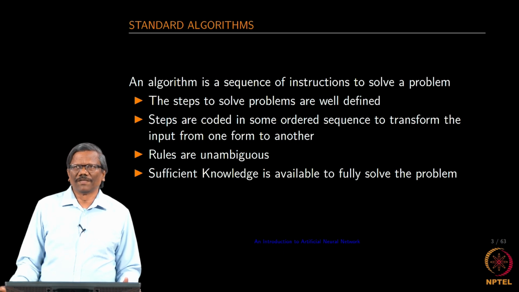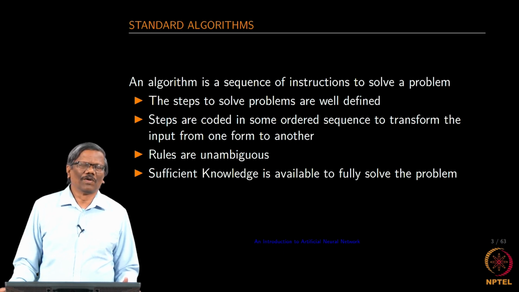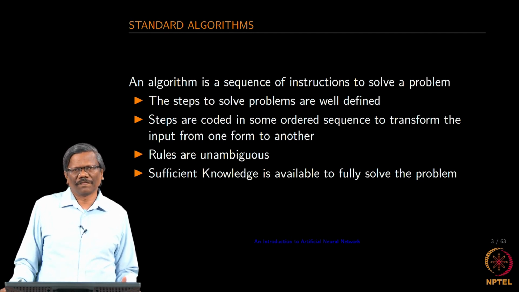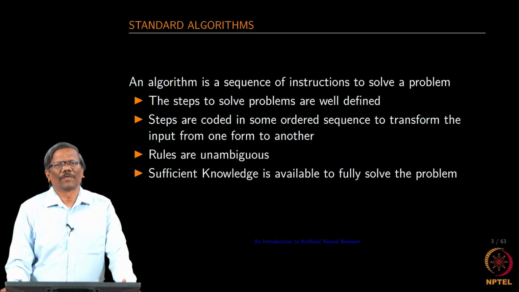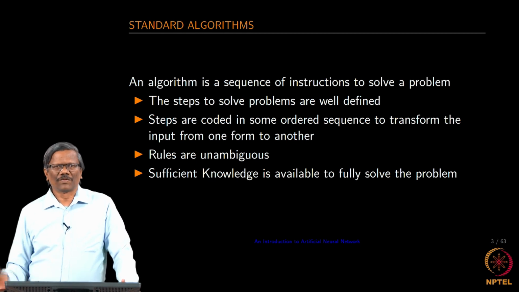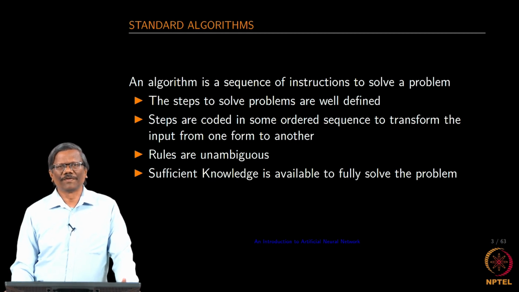So, we know what the input is, we know what the rules are to manipulate the input, and then we know what we expect out of the program as output. And then the steps are coded in some ordered sequence to transform the input from one form to the other. Rules are very unambiguous, right.